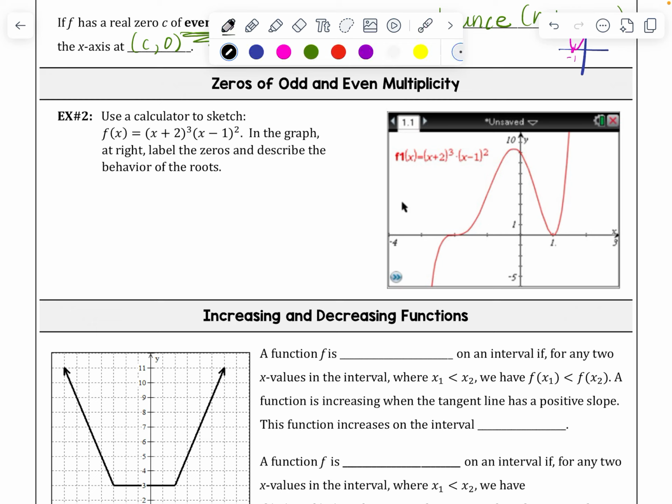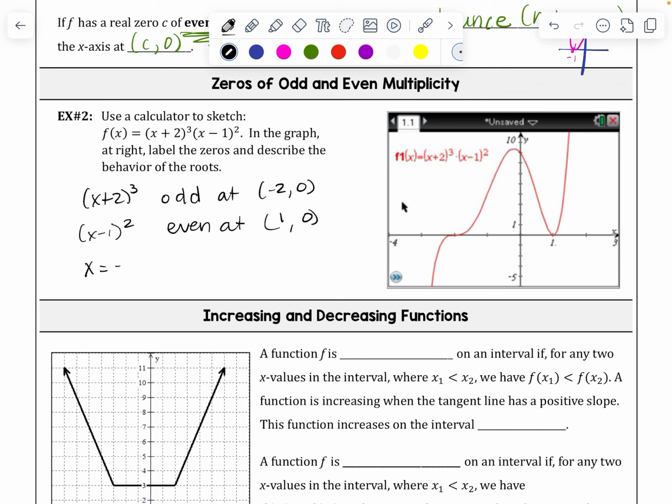So here's what we know. We know x plus 2 cubed tells me that there's an odd multiplicity at the zero at -2, 0. We also see that x minus 1 squared is the other part of that function. That's an even multiplicity, and it's at the zero of 1 comma 0.